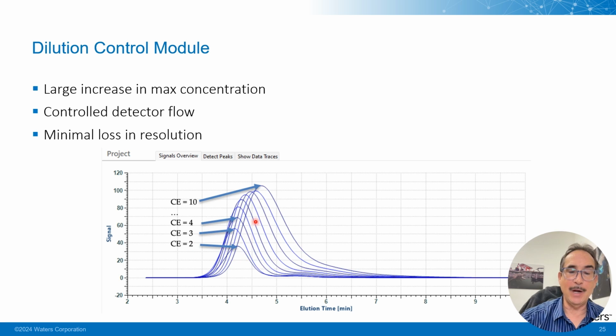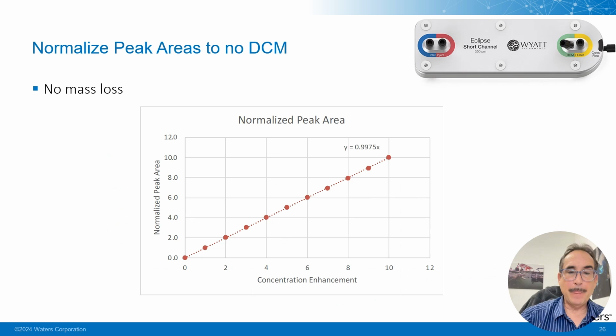You see the peaks get higher and higher. Now, at very high concentration enhancement, we're making this 10 times higher. We see a little bit of loss of resolution, but mostly we just see an enhancement in the signal. Now, how do we know that we're not losing sample through the DCM port? Well, we do the following experiment: we integrate those peaks, and we look at the normalized peak area as a function of the concentration enhancement, and you see it's perfectly linear.